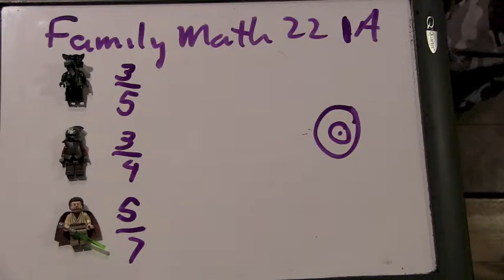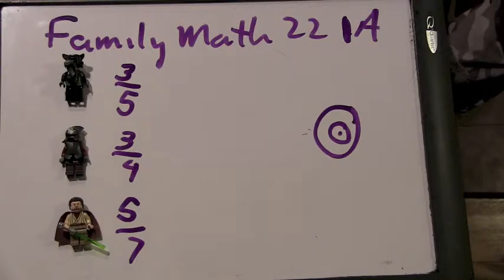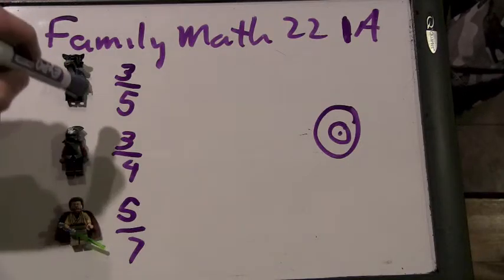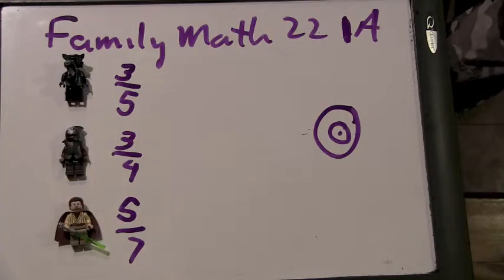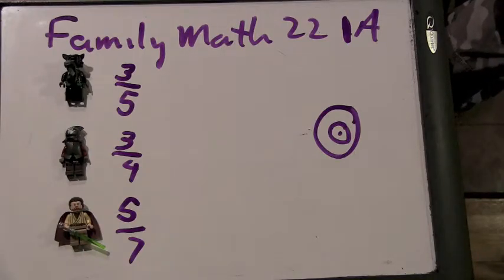Maybe we could get the least common multiple of 5, 4, and 7. That would be 140. So we could understand the probabilities in terms of 140. You'd see how many times each one hits out of 140 shots. And then we could divide that by 140. What would that tell us?